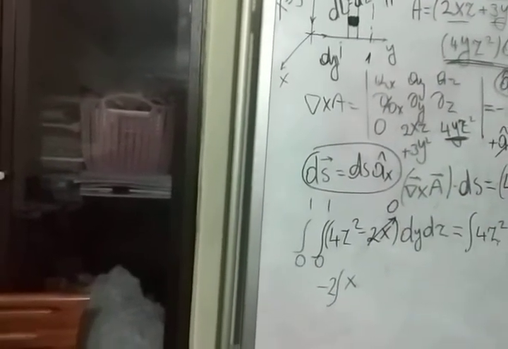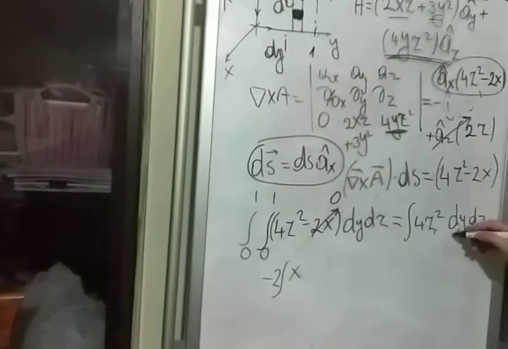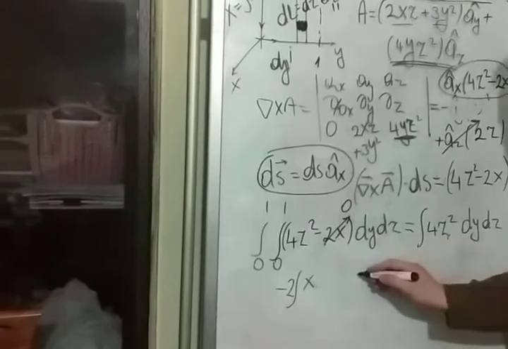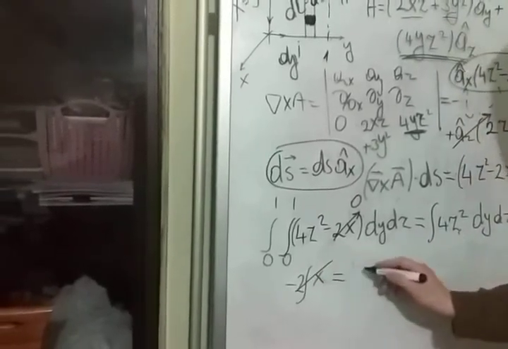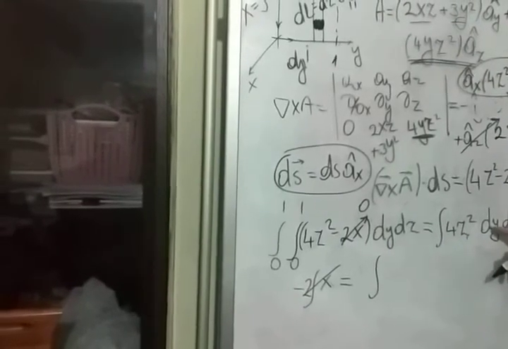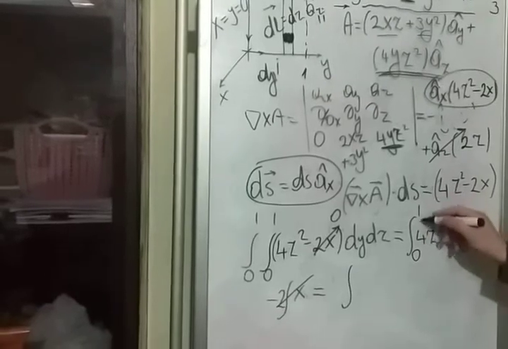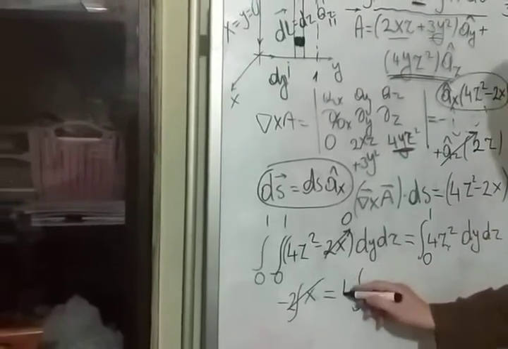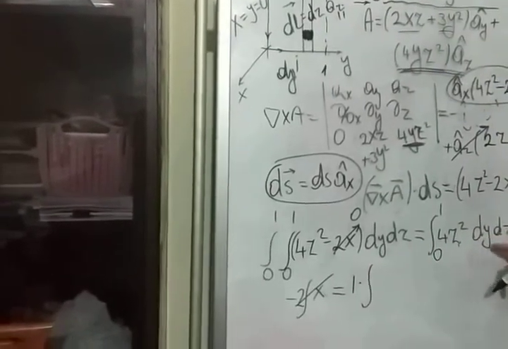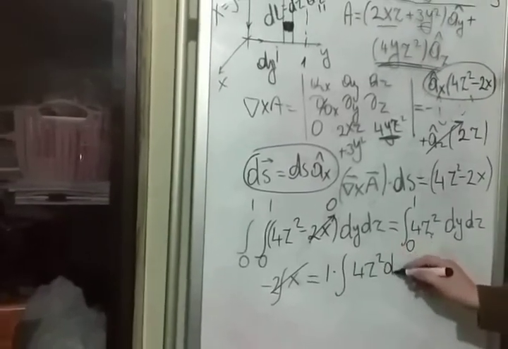We also save some effort and time and space on the board. And then here the integral of dy is y, and if we are integrating from 0 to 1, we get just a 1. So I can take this 1 out, which is the integral of dy, and we have the 4z squared dz.